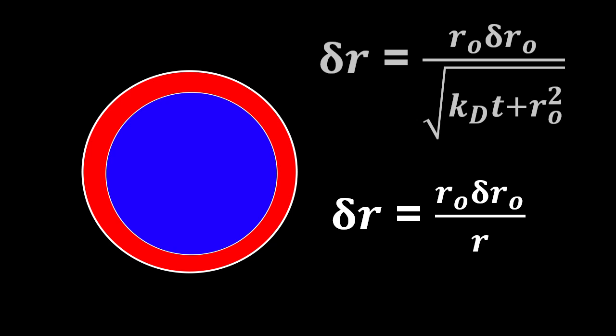Both equations 4 and 5 indicate that the radius difference decreases with increase of nuclear radius and prolonged growth time. The diffusion-controlled growth promotes the formation of uniformly sized particles.